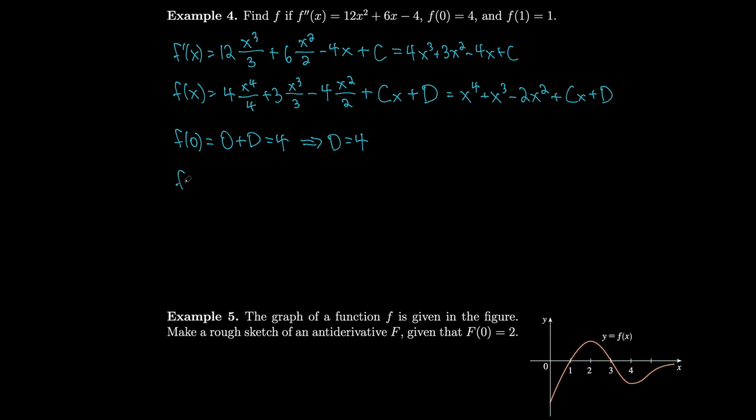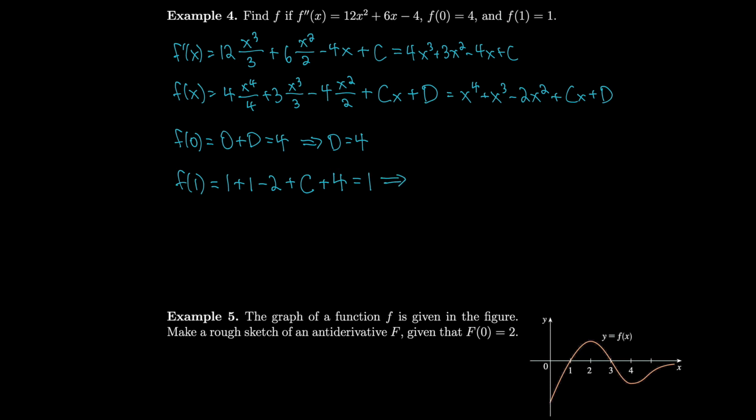Let's use our other y value to get the other constant. F of 1, they said, was 1. Well, if we plug in 1 for each of these guys, then we get 1 plus 1 minus 2 plus c times 1, which is c, plus d, but we said d was 4. And we know that that has to equal f of 1, which is 1.